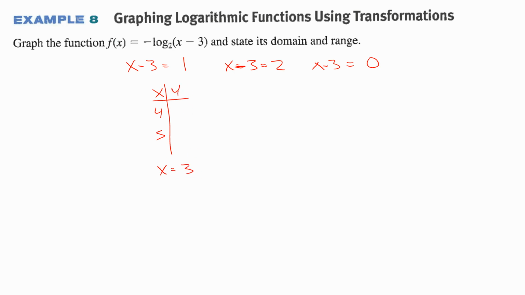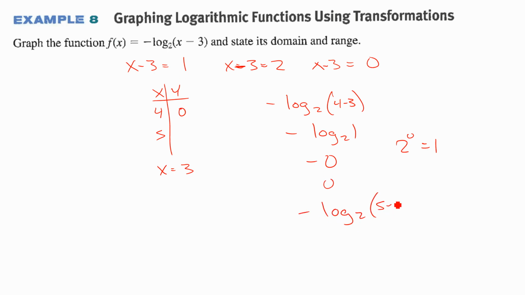For our y values, we're going to say negative log base 2 of 4 minus 3 is negative log base 2 of 1, which is negative 0, which is still just 0. For 5, we're going to have negative log base 2 of 5 minus 3, which is negative log base 2 of 2, which is negative 1. So we have negative 1 here.